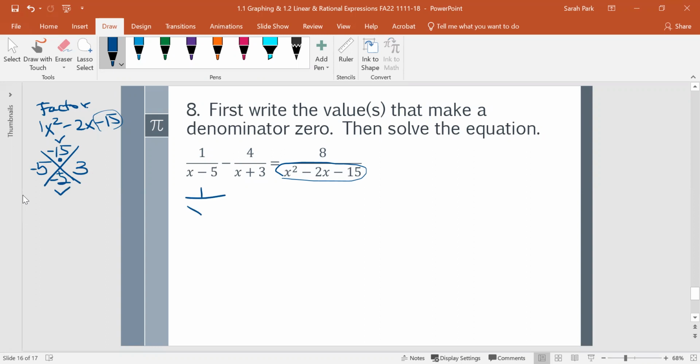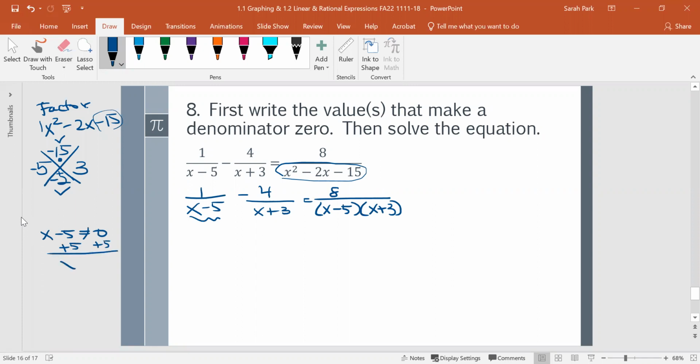And so we have 1 over x minus 5 minus 4 over x plus 3 equals 8 over, this factors as x minus 5, x plus 3. Okay, so if you look at here, what will make x minus 5 0? Well, we don't want x minus 5 being 0, and the value that makes that 0 is 5.